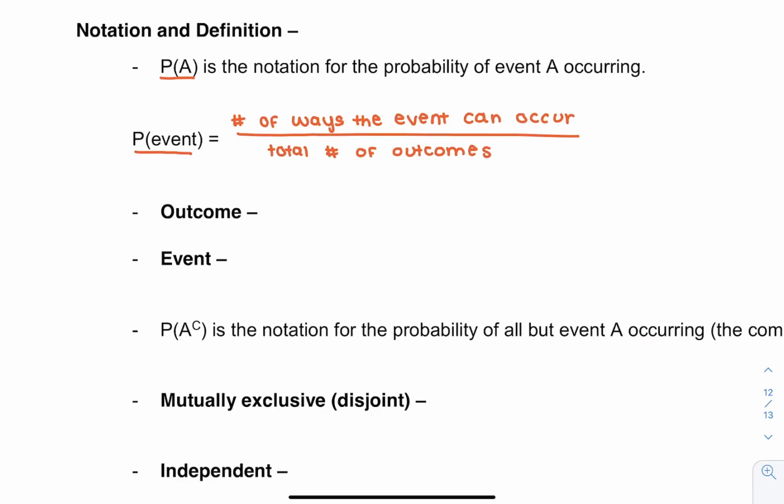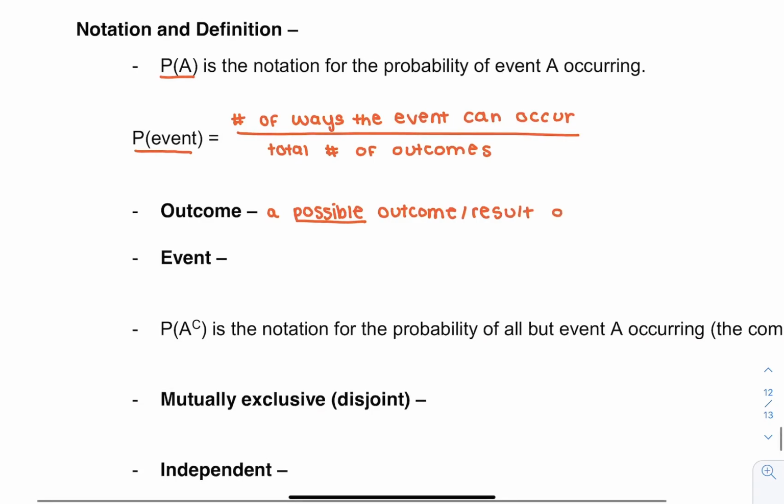An outcome is just a possible outcome or result of the probability experiment.